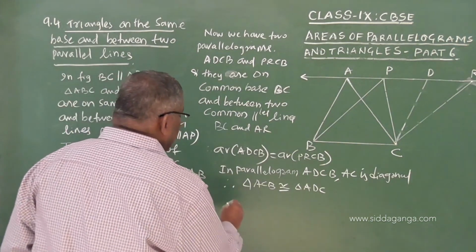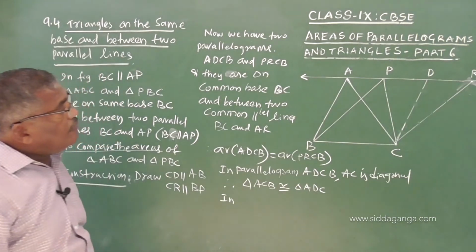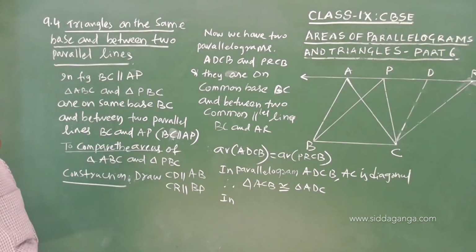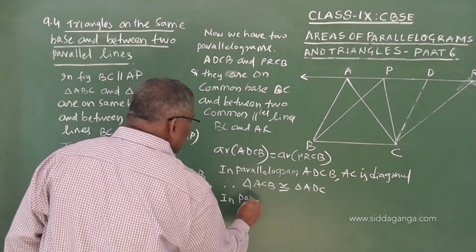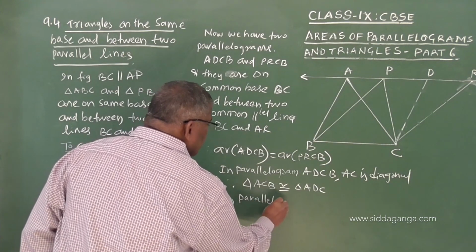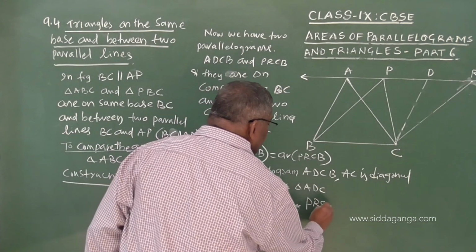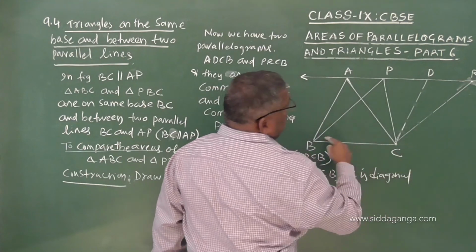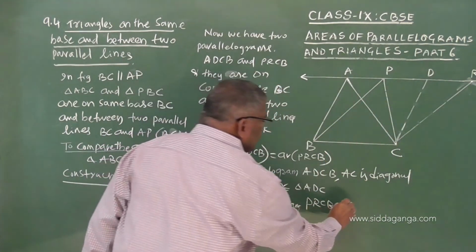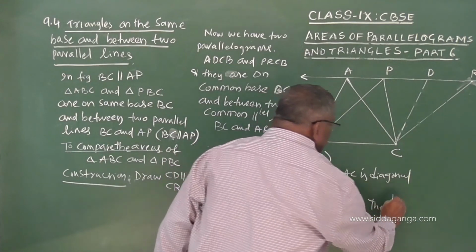Now, take up the other parallelogram, PRCB. In parallelogram PRCB, PC is the diagonal.